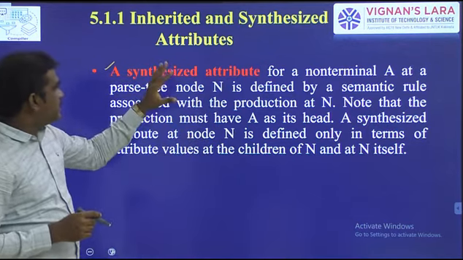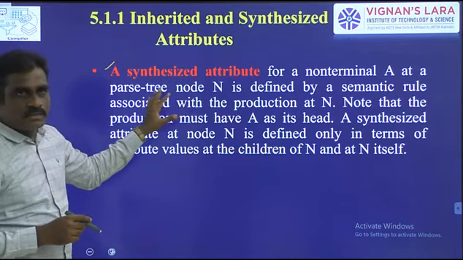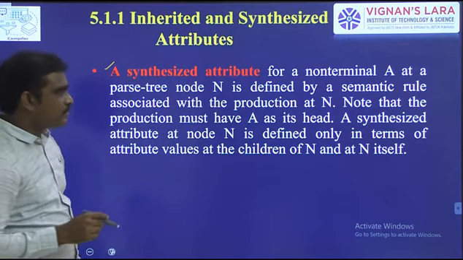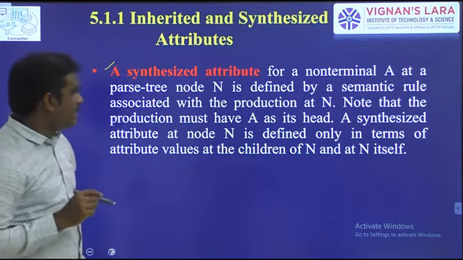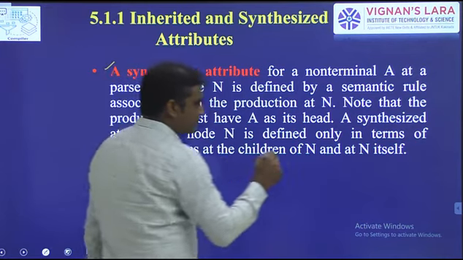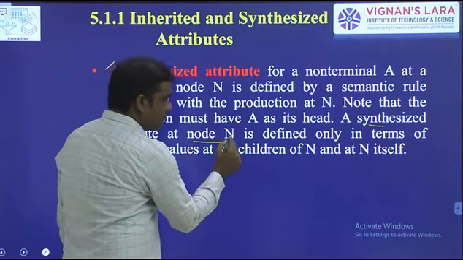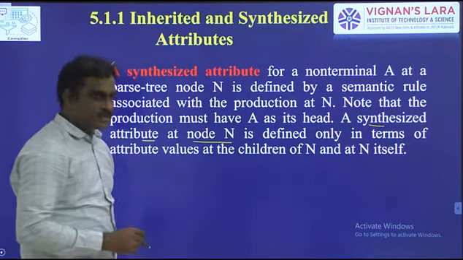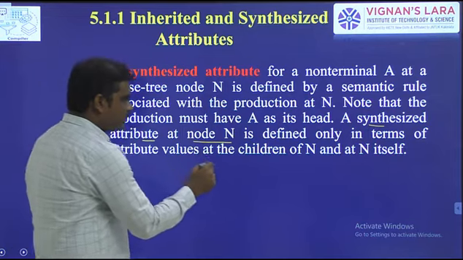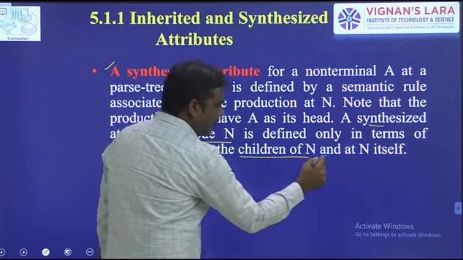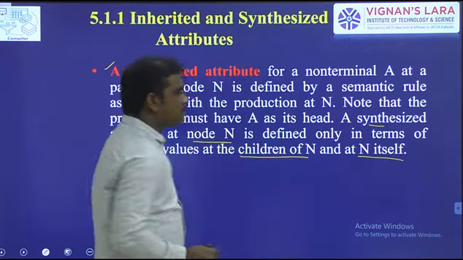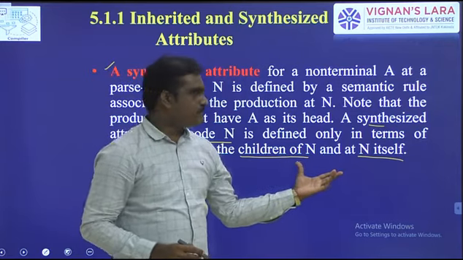In the synthesized attribute, we are mainly concentrating on this point: a synthesized attribute at node n is defined only in terms of attribute values at the children of n and n itself. These two are very important points.